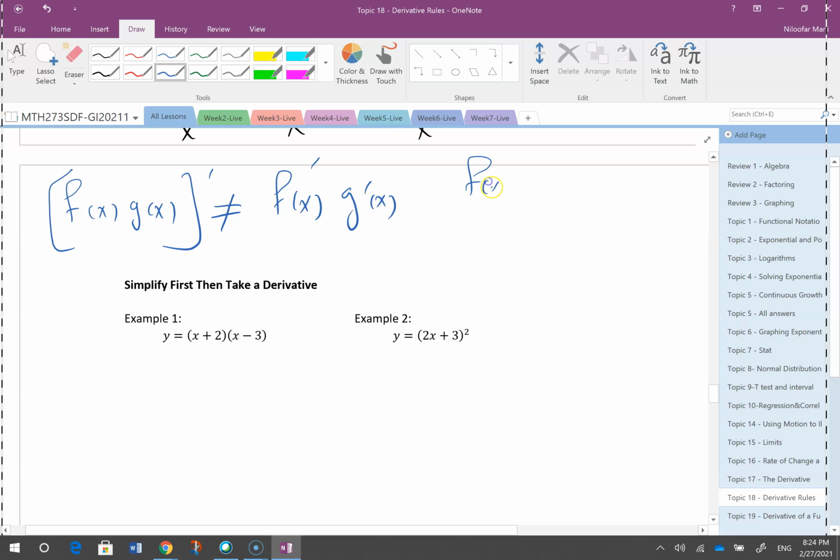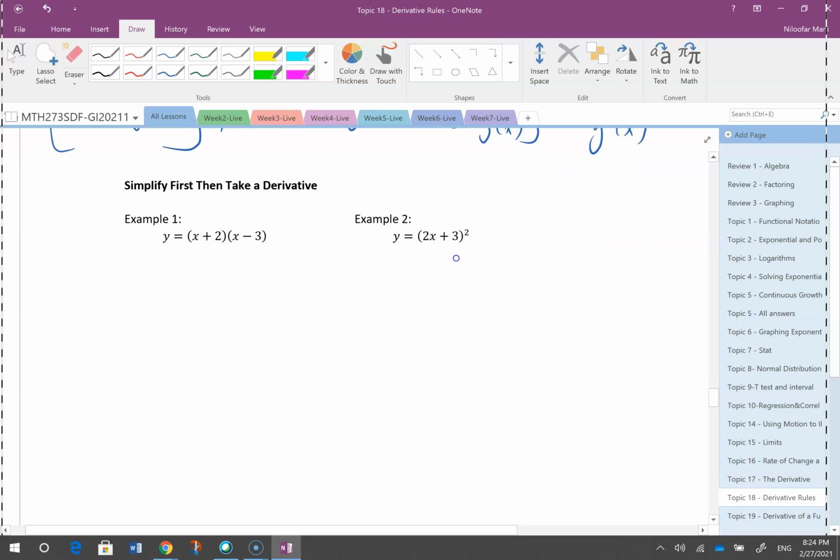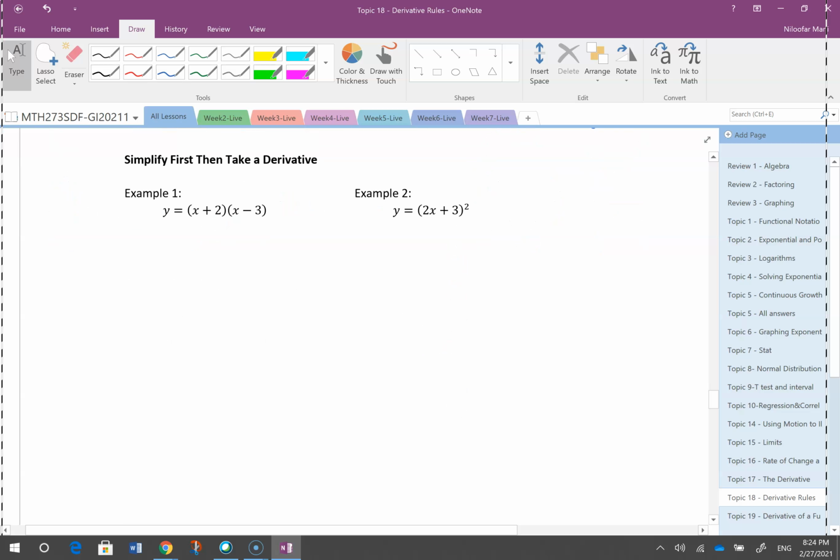If I have f of x divided by g of x, derivative is not derivative of first divided by derivative of second. No, it's not. So what should I do then? I can expand, since right now I don't know topic 20 and 21.